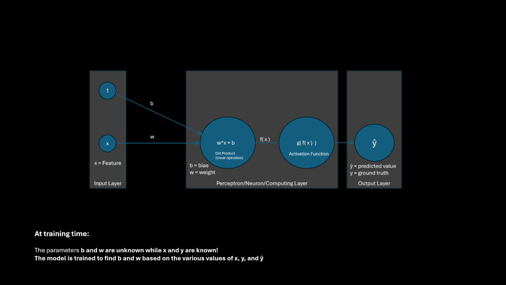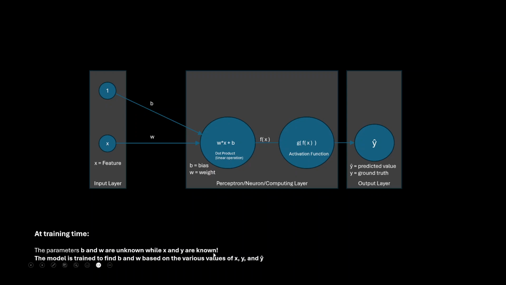Typically, we always have to do training first to find the values of B and W that represent the best fit, that give us the best predicted value for an input value. So B and W are unknown, while X and Y are known at training time.